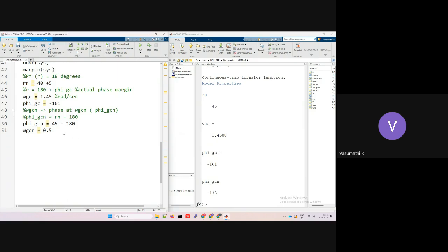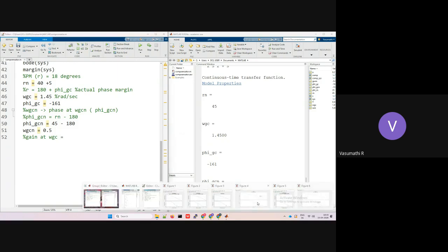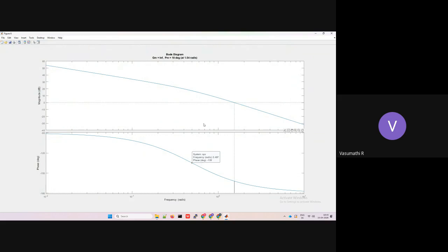Now we have to find the gain at omega GCN to find AGCN. Gain at omega GCN is equal to, omega GCN is 0.5. So when I hover over 0.5, the gain was around 17.